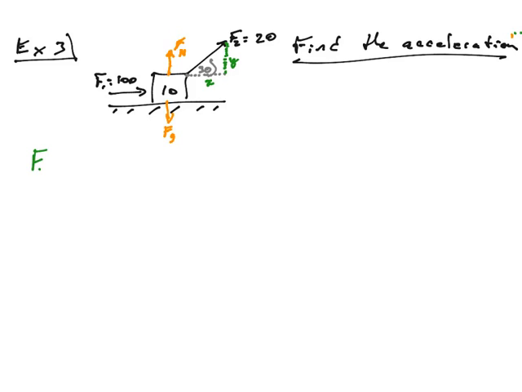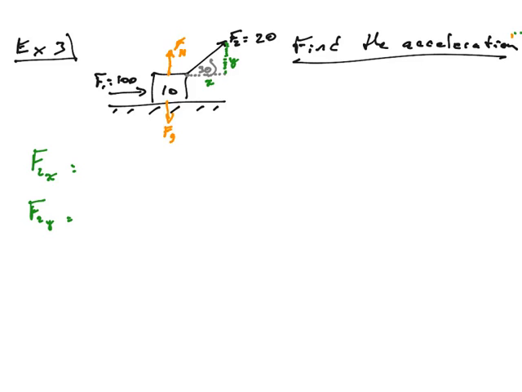So F2 needs an x piece, and F2 needs a y piece. Well, by now we should have some experience with this. I want the x component of F2. That side is the side adjacent to the angle, and adjacent goes with cosine.